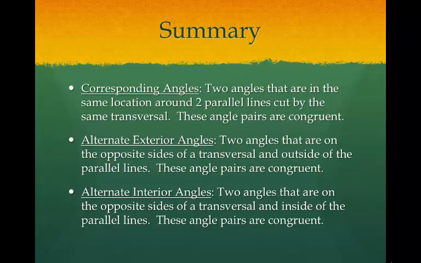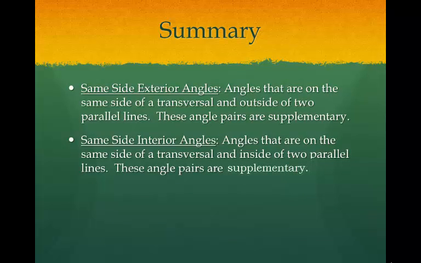Alternate exterior angles are two angles that are on opposite sides of the transversal and outside the parallel lines, alternate meaning opposite, exterior meaning outside. We know that these angle pairs are congruent. Alternate interior angles are two angles that are on opposite sides of a transversal, but inside the parallel lines. Once again, these angle pairs are congruent.